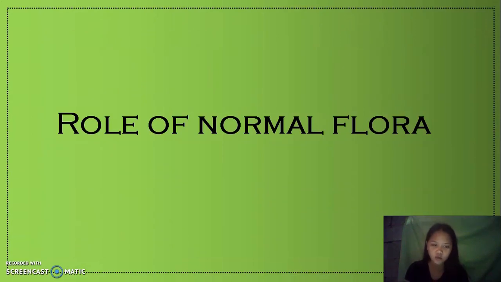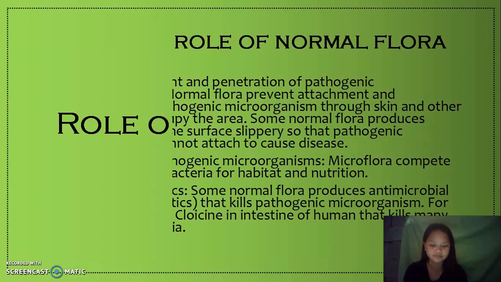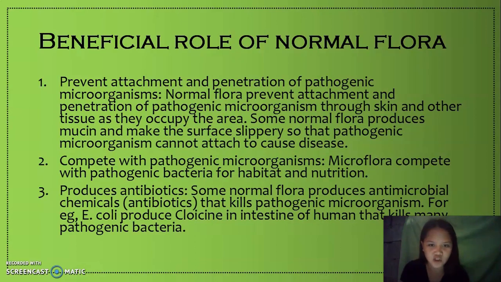And now we have the role of normal flora. We all know that bacteria and viruses that cause diseases are called pathogens. I have here seven beneficial roles of normal flora. Number one, as I have said, it prevents attachment and penetration of pathogenic microorganisms.